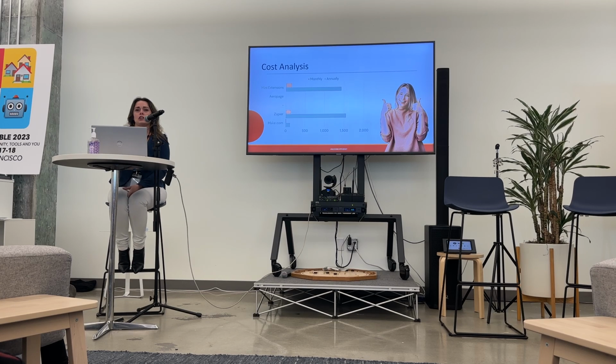Zapier, I base this off of a Zapier account doing 10,000 runs. And this is your annual plan versus your monthly plan, right? So Zapier, annually, you're looking around $1,600 a month. Okay, that's great. But again, I go back to profit margins. If I can make that $0, I'm going to take it.